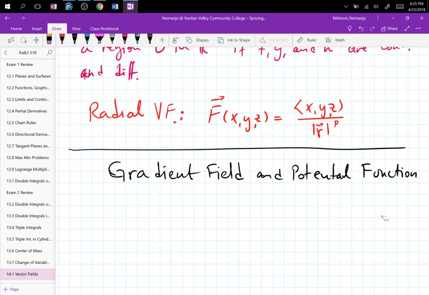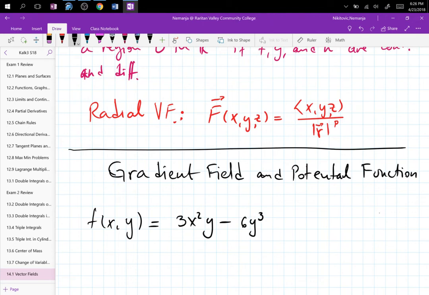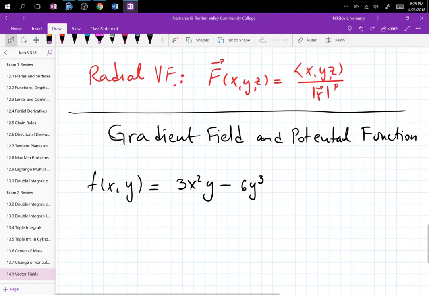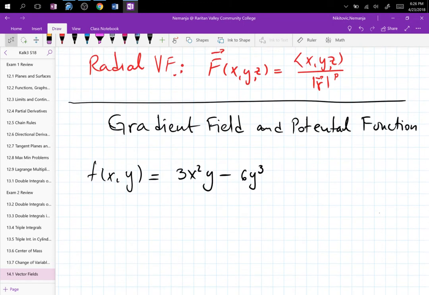But if I give you a surface, let's say f of x, y is equal to 3x squared y minus 6y cubed. I give you this equation. What is this? I'm not asking you for a shape, but what is this?